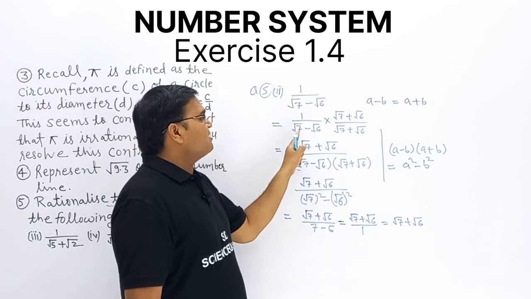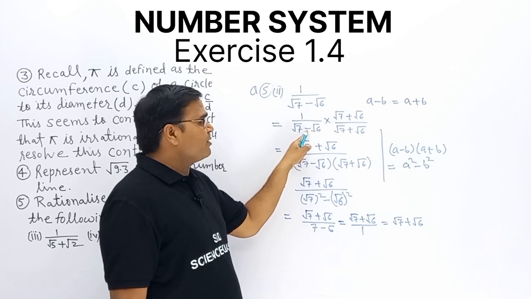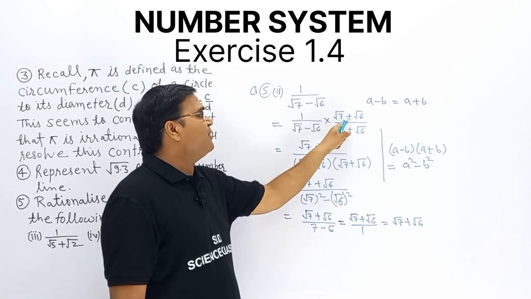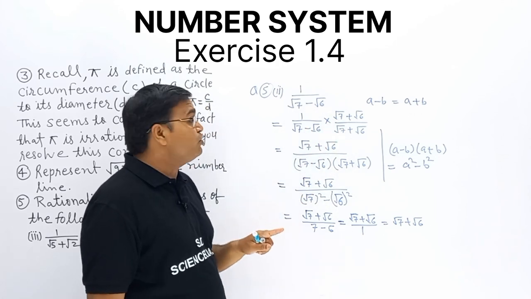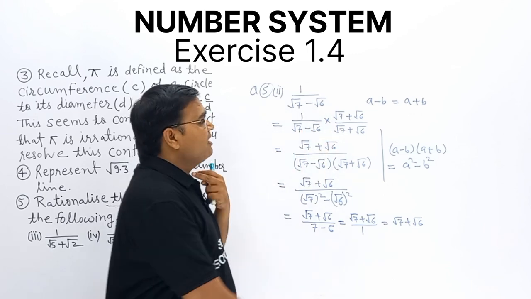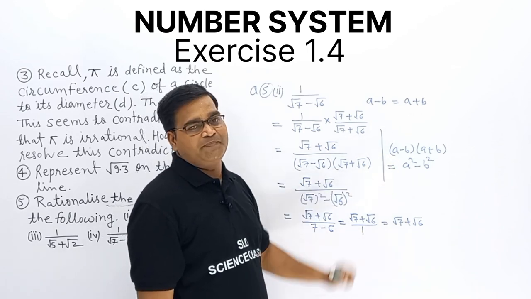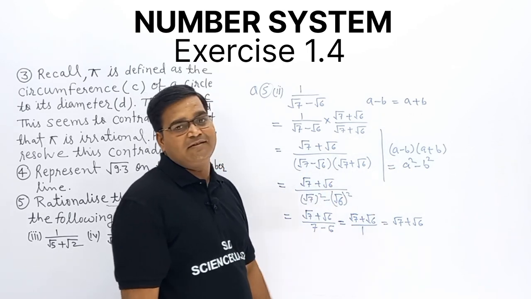If two numbers are added or subtracted like this, then we will take its conjugate: minus then plus, plus then minus. Why are we taking the conjugate? Because in this way we get the algebraic identity in the denominator, and in this identity we remove the square term.